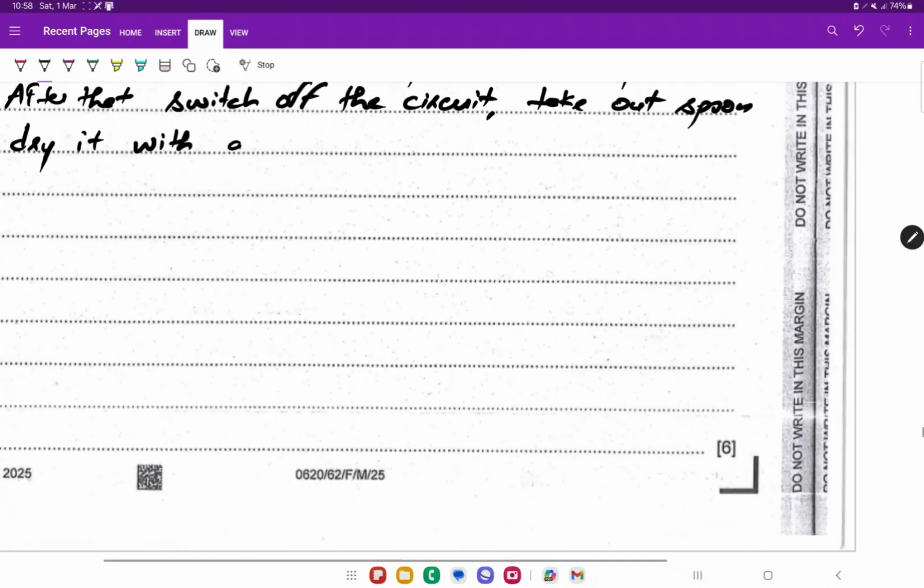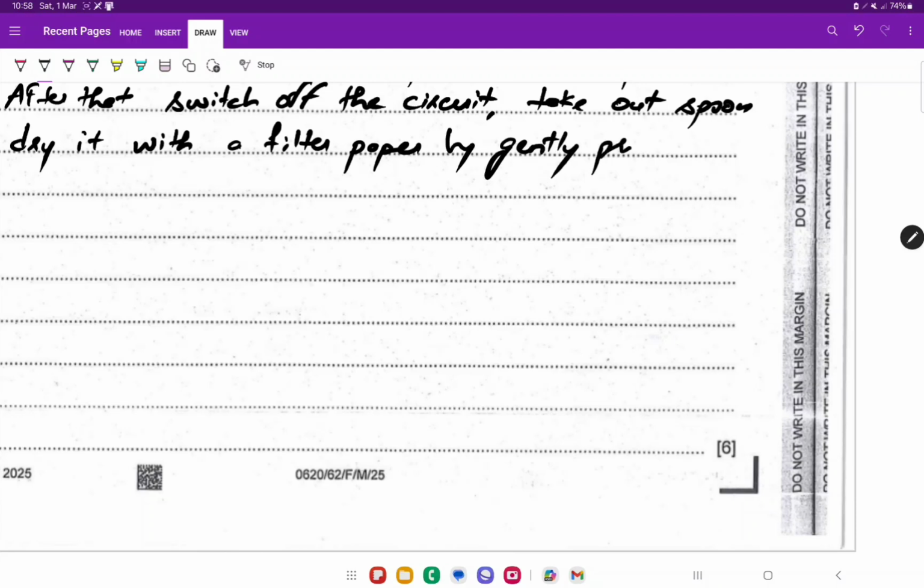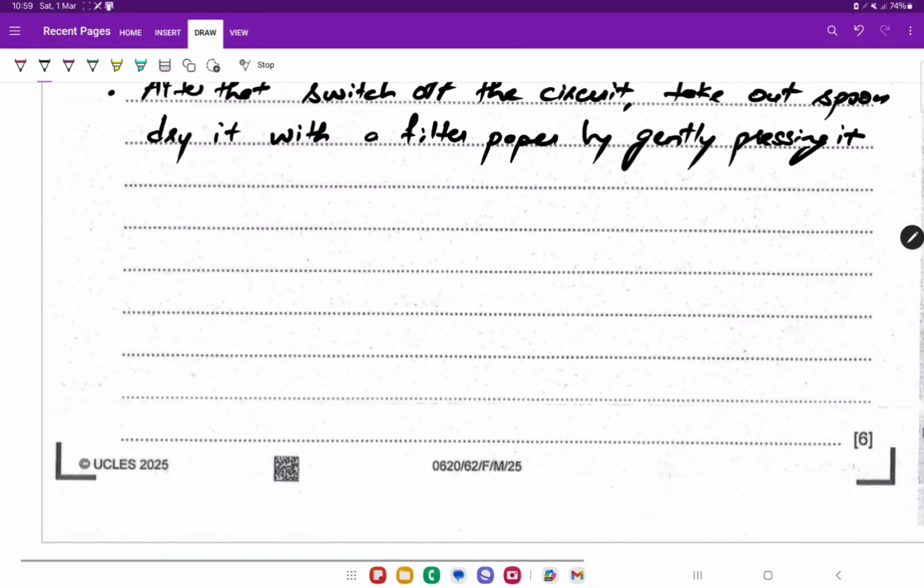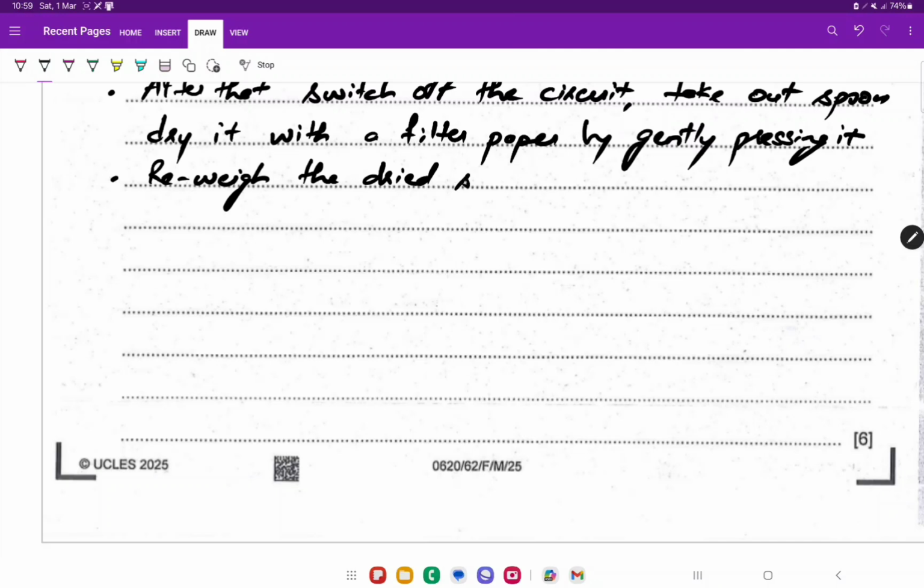You can take a filter paper and dry it by gently pressing it. Now reweigh the dried spoon to find the mass of silver deposited.